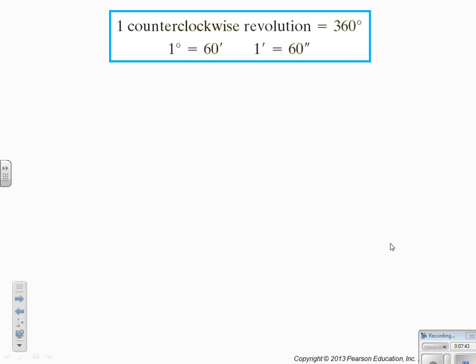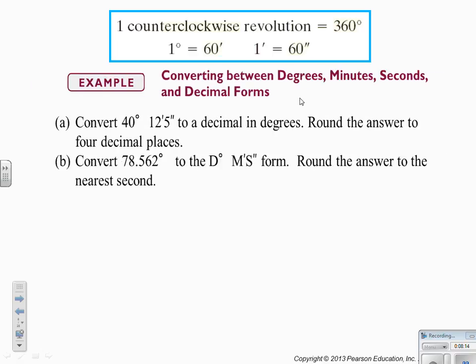So in a counterclockwise revolution of 360 degrees, every 1 degree is 60 minutes, and every 1 minute is 60 seconds. So this little circle is degrees, and then 1 mark is minutes, and 2 marks is seconds.